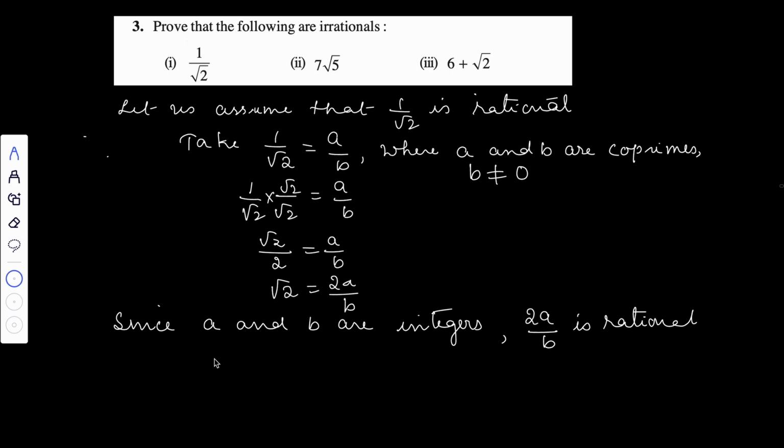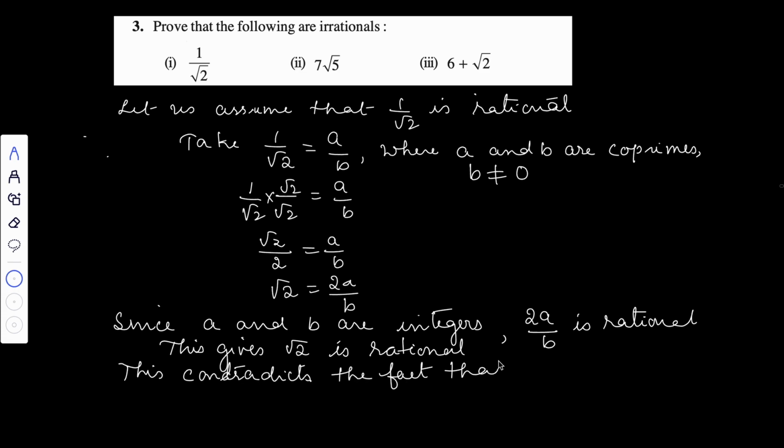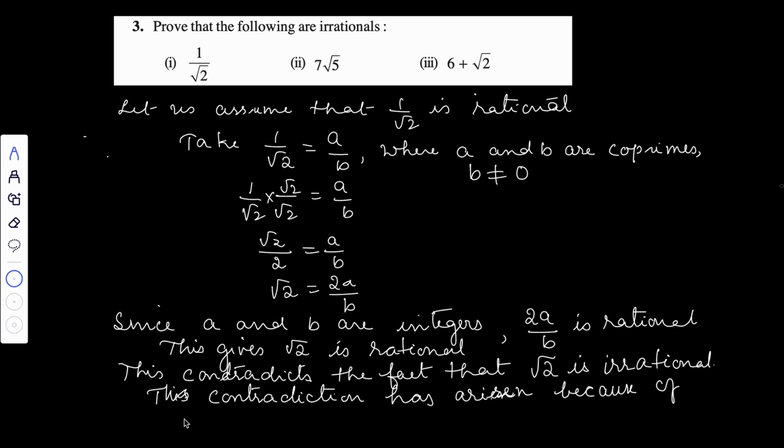This gives root 2 is rational. But we know that root 2 is irrational, so this contradicts the fact. This contradiction has arisen because of our incorrect assumption. Therefore, 1 by root 2 is irrational.